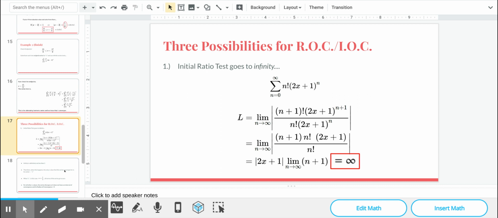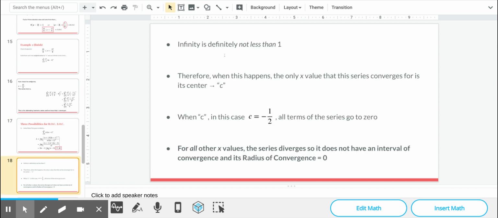That's where I start. So now, since my ratio test showed that the limit as n goes to infinity of that ratio test is infinity, I know that infinity is definitely not less than 1. Therefore, the only value of x that this series converges for is its center. Why does that happen?